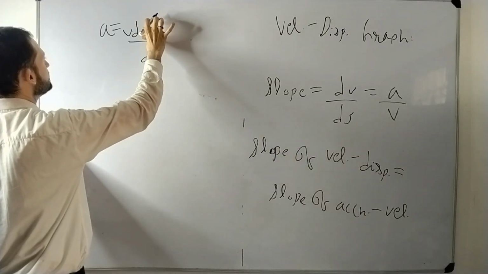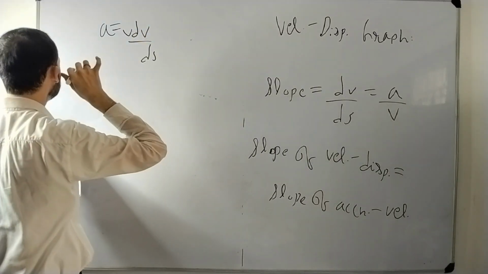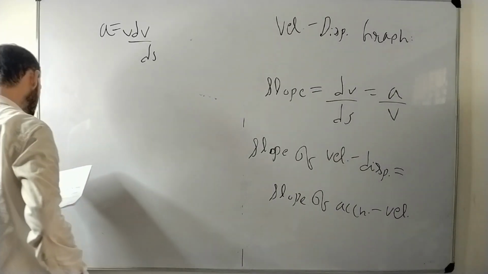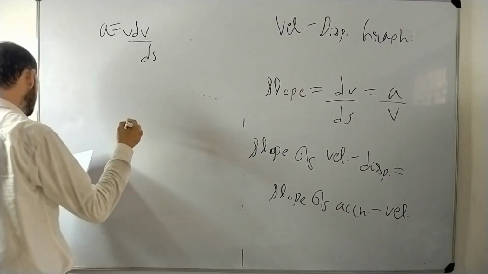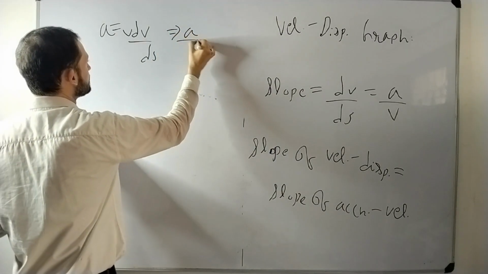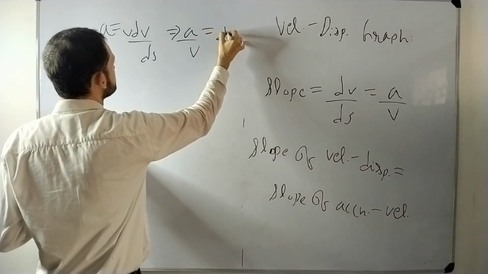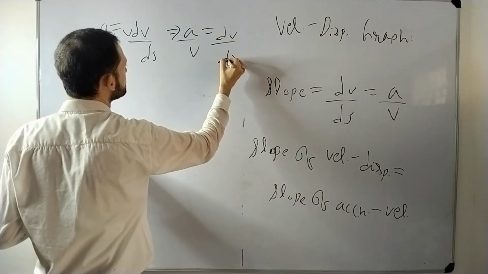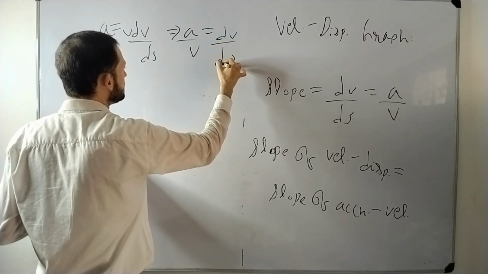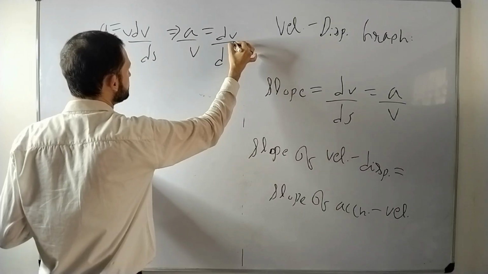So where is v? A is v dv upon ds. And can I write this thing as acceleration upon v dv by ds? So dv divided by ds. Yes, sir, we have understood your thing.